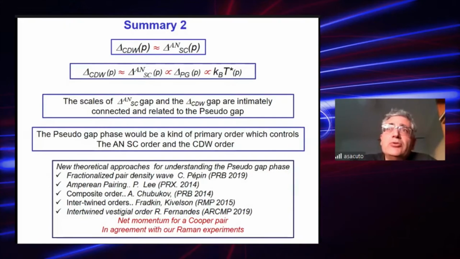So we need to use an energy probe to detect it, and this is the case of Raman spectroscopy. This is one of the reasons why it's difficult for angle-resolved photoemission spectroscopy, which is a momentum-resolved probe, to detect this charge density wave easily.